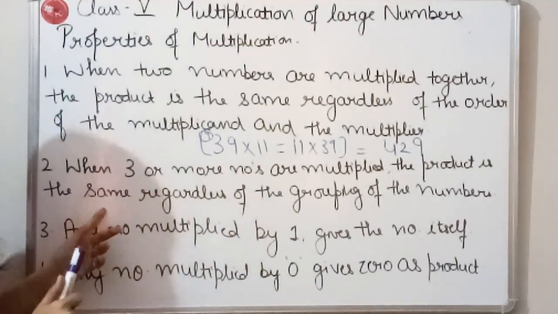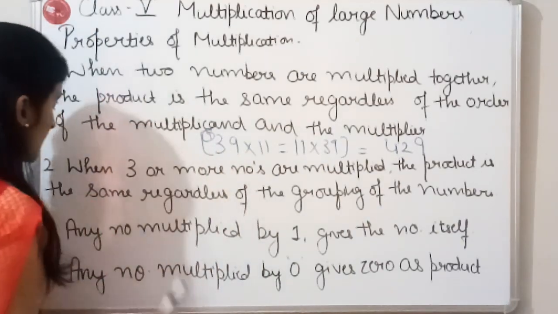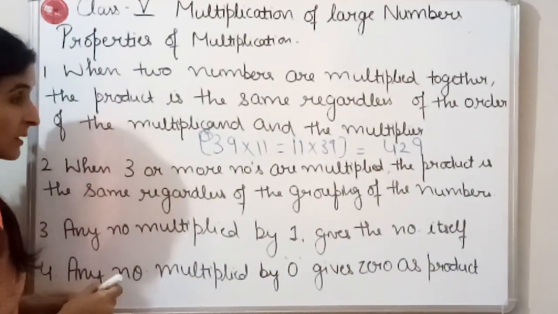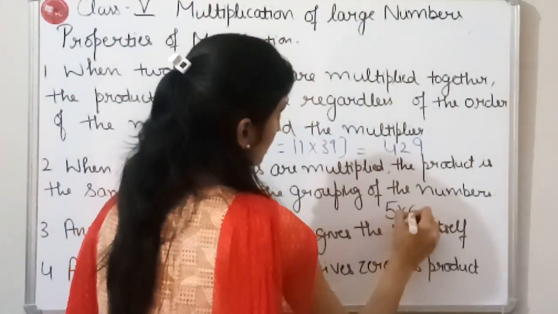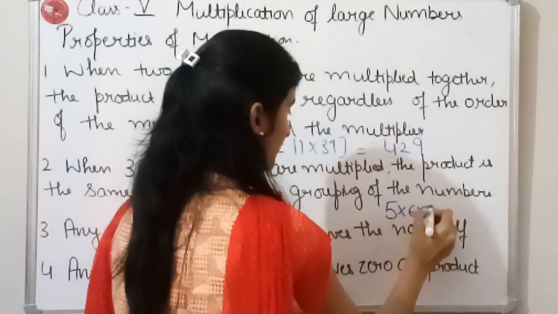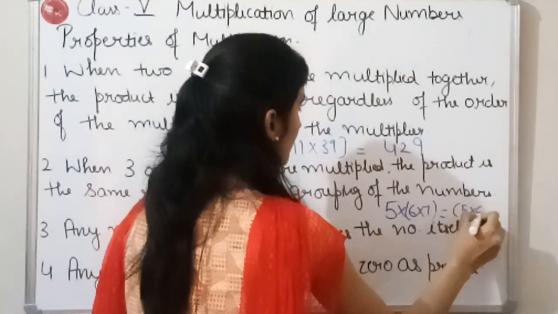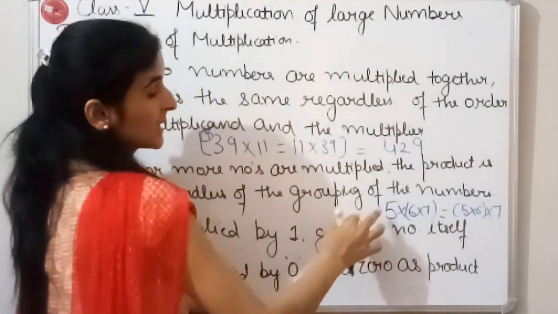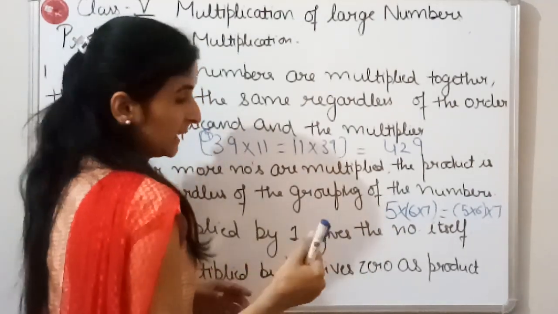And likewise the second property is when three or more numbers are multiplied, the product is the same regardless of the grouping of the numbers. So again, if we have to multiply more than two numbers, suppose we are multiplying these three numbers, then whether you change the grouping or not, the answer is going to be same. 5 6s are 30 and 3 7s are 210.